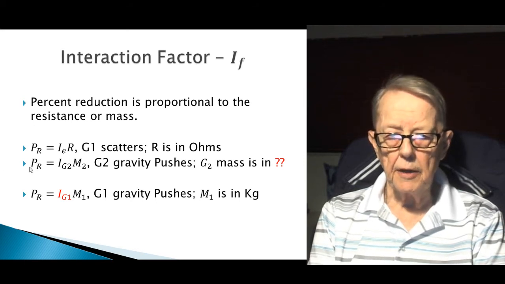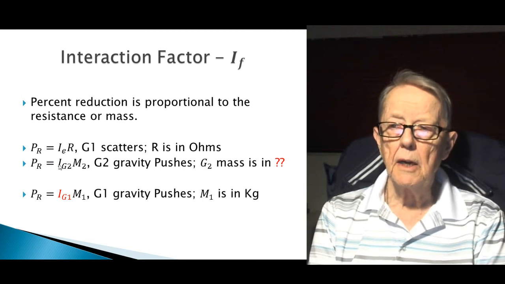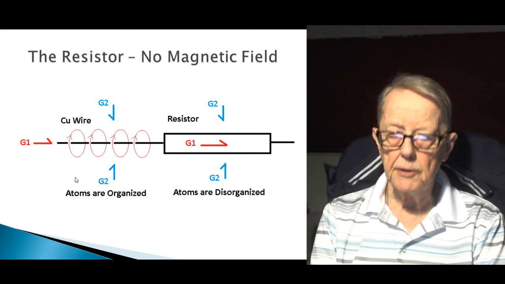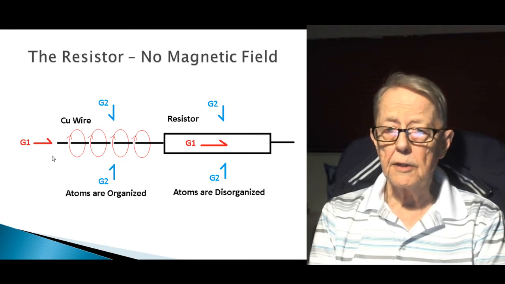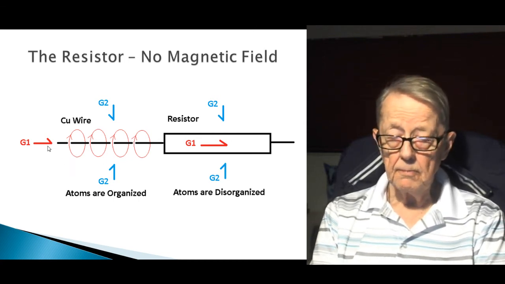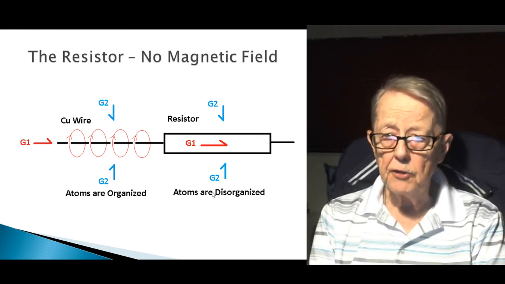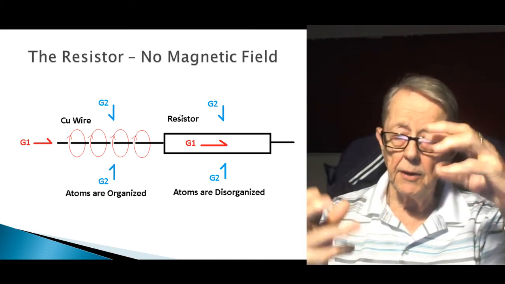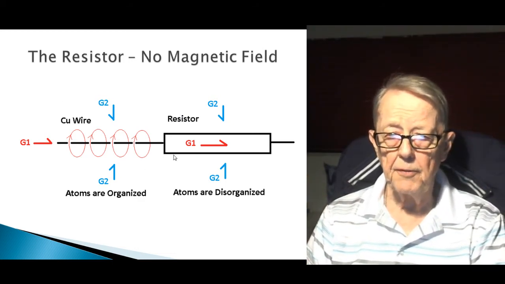Now, in the case of the pushing, the percent lost in pushing, it's a different function. I probably need to go back to this picture because the pushing effect is the G2 force field, and that's caused by G2 particles that surround this, and all the particles are coming at it in all directions, and then with the copper wire there it sets up the field.